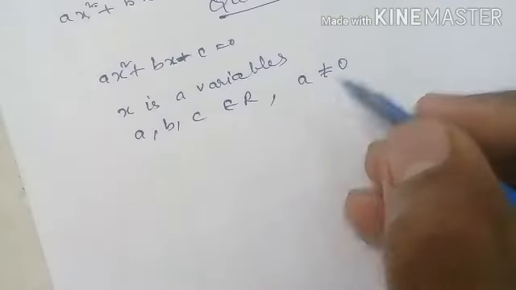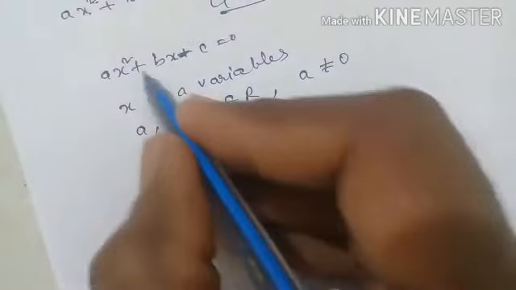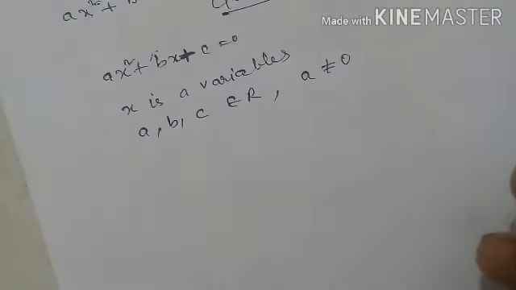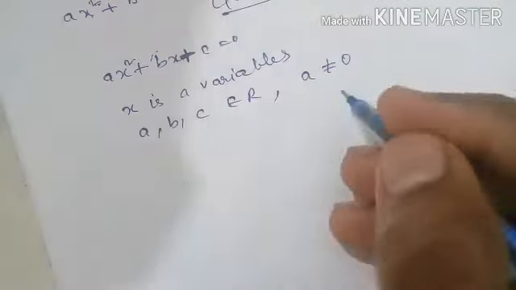And here a shouldn't be equal to 0. Why? If a becomes 0, then we will get bx plus c is equal to 0. If bx plus c is equal to 0, then it comes to a linear equation. For the linear equation there is no x square term.